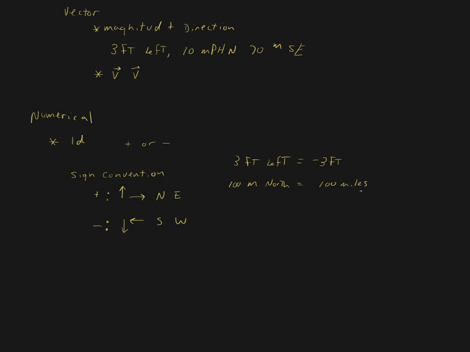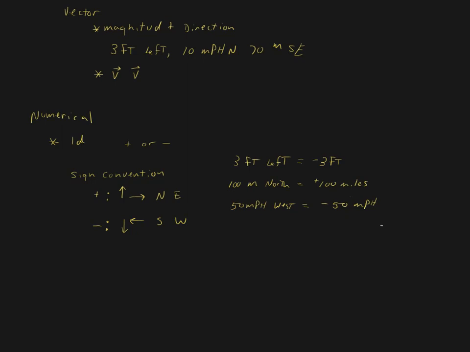If you want to make sure that it's perfectly clear that it's a vector we're dealing with and not a scalar quantity, you could put the plus sign out in front of it. And if I had 50 miles per hour to the west, then I would just write minus 50 miles per hour. So the plus and minus sign indicates which way it's going.